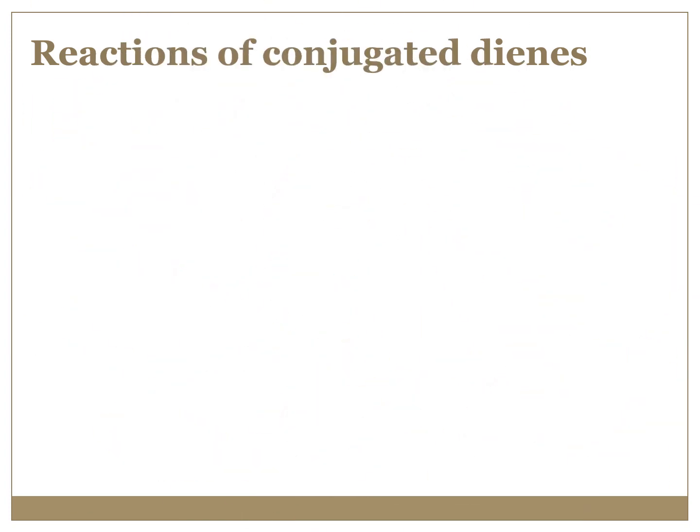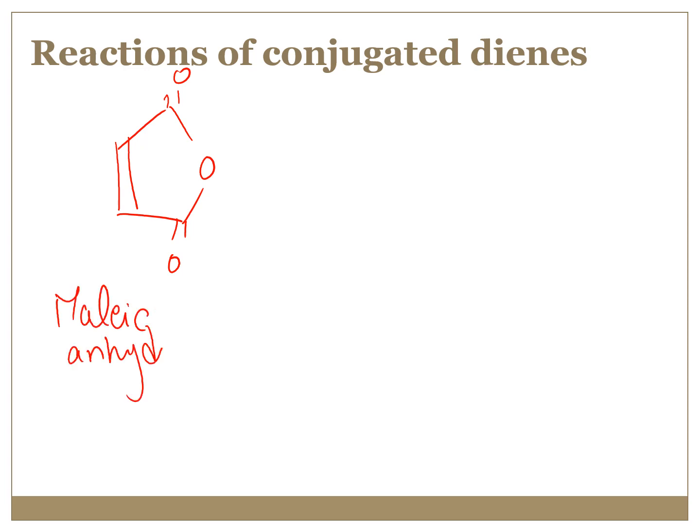We have examples of dienophiles. You need always a double bond that is attached to an electron withdrawing group. So if you add carbonyls here, carbonyls are electron withdrawing groups. This is maleic anhydride. You have to memorize these names, because if I ask for such a reaction using the names of the starting materials, you will have to recognize the name of the compound and to know that this is a dienophile.